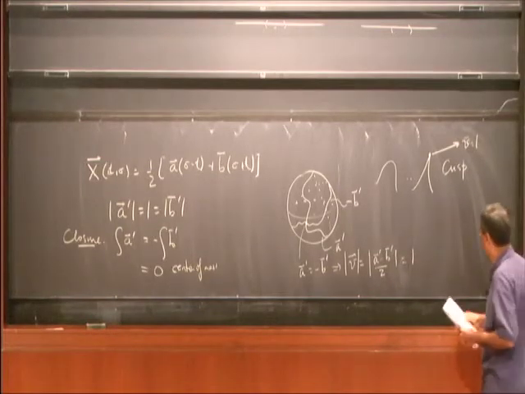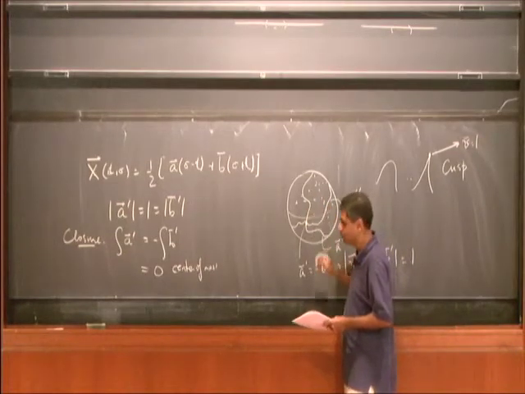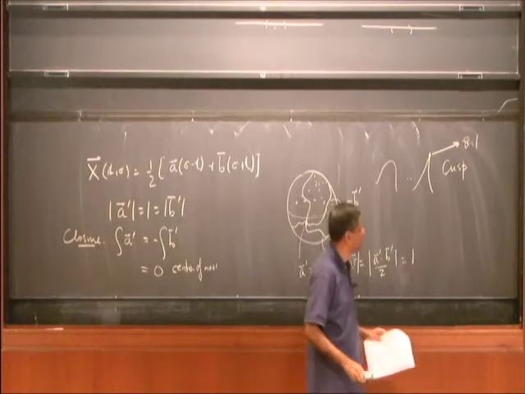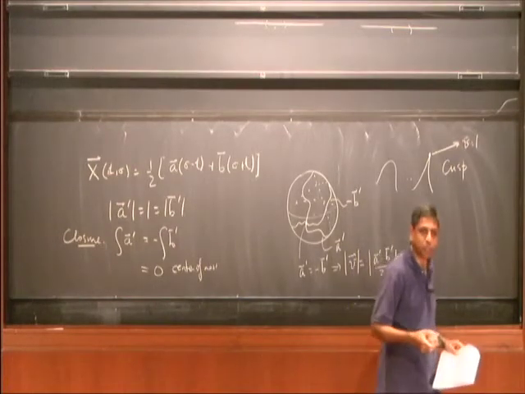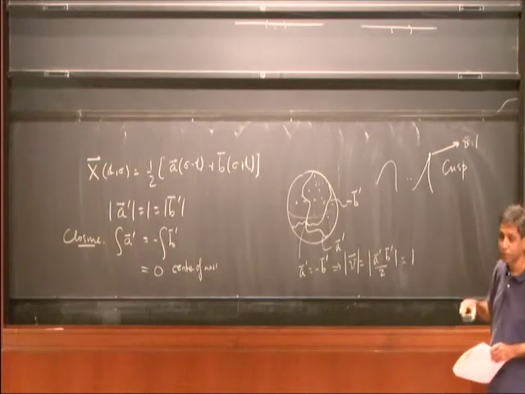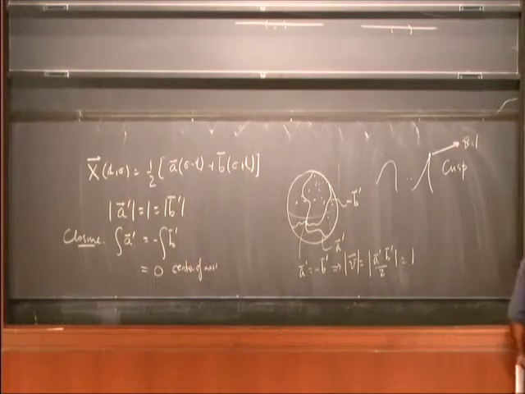So cusps are very generic if you draw curves like this. But there is one feature of the evolution that is missed by the Nambu-Goto action.